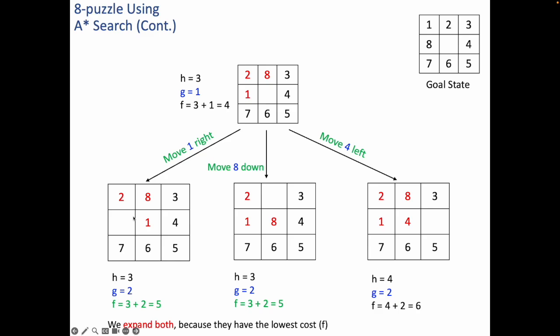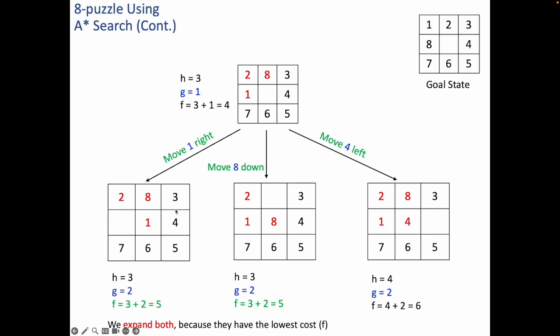Now you calculate the heuristic and also G for each. For G it is very easy, because at each depth you go further, you just increase G by 1 in the 8 puzzle. So now we went to depth 2, so G is 2 for all of them. The heuristic here is the number of misplaced tiles, which I marked with red.